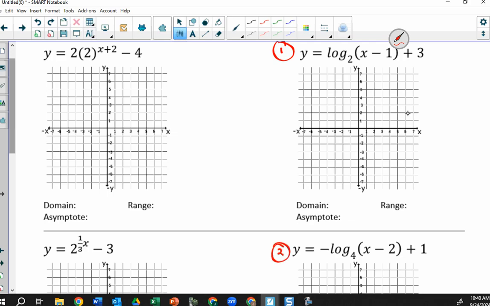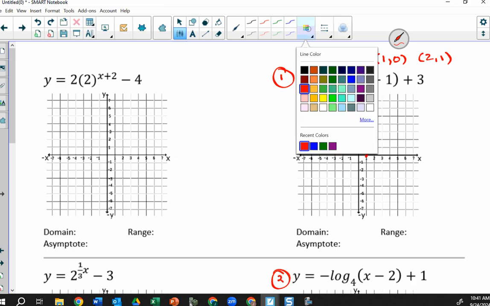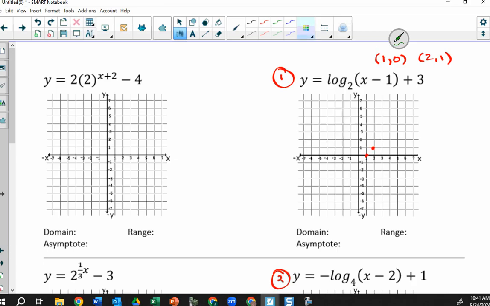All right, guys. Let me go through up here. We'll see how we're doing. So I've got 1, 0, and 2, 1. Is everyone good with the starting points? Okay. 1, 0, 2, 1. Where am I going? I just have shifting on this one. Up 3.